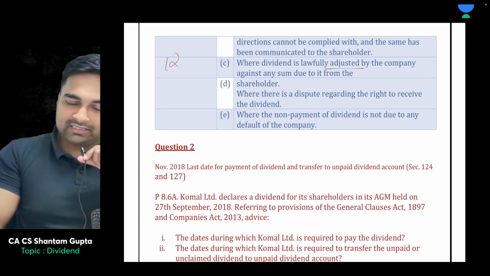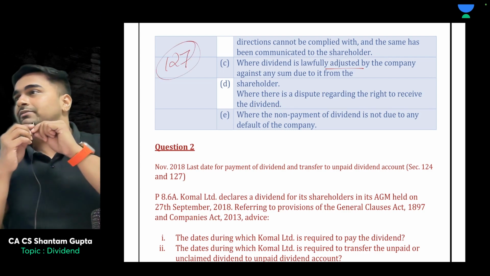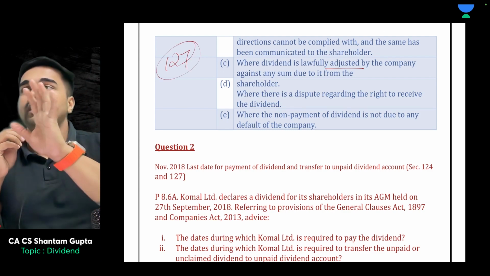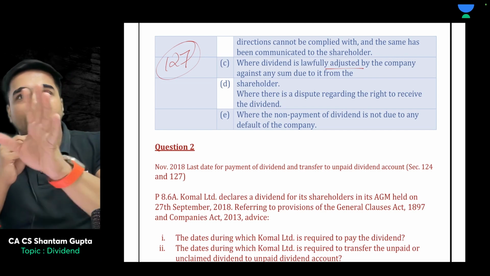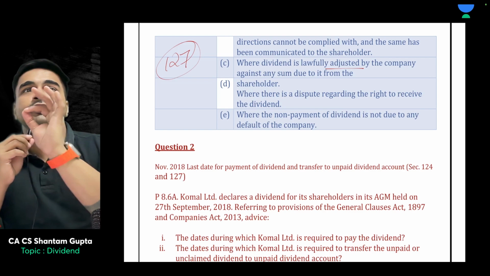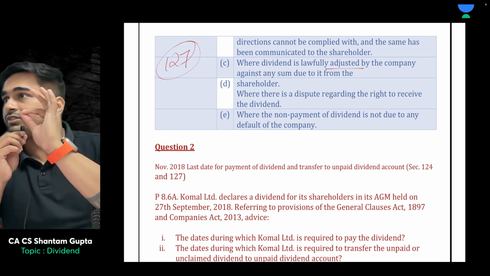What are the exceptions of section 127? Under which cases is the company not liable for default in distribution of dividend? Section 127, let's write it.